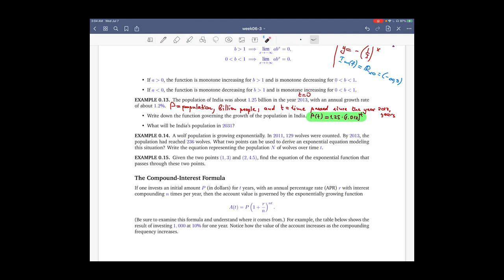Now, what about the second question? What will be India's population in the year 2031? Unfortunately, some students make this mistake here and say that P at the year 2031 is simply that formula where instead of t, I write 2031.